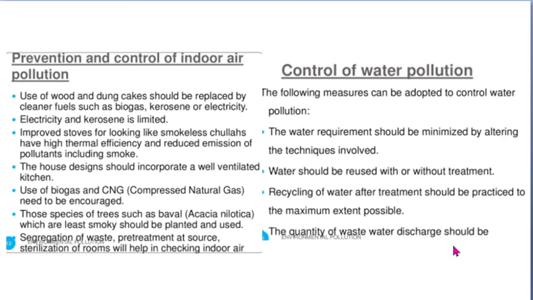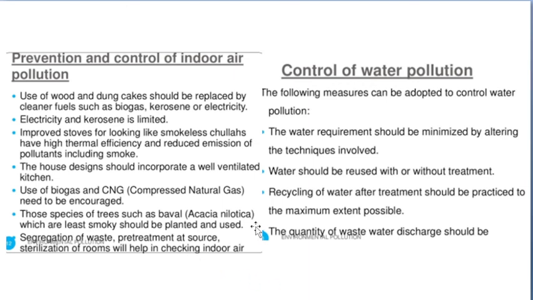They reduce the emission of pollutants including smoke, because I told you smoke is one type of pollutant. Okay, so house designs should incorporate a well ventilated kitchen so that the pollutants can go thoroughly outside.